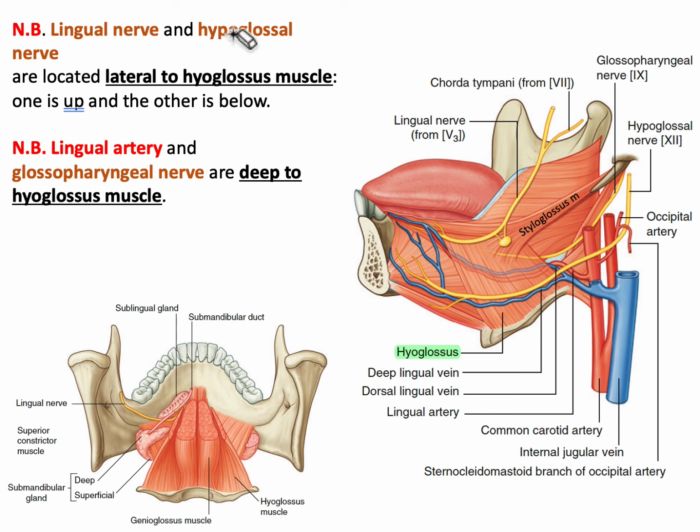So you have to know, which is very important, what structures are related lateral to this muscle, and what's deep to it. When you say structures lateral to this muscle, that means they are located between the submandibular gland and hyoglossus itself. And deep to it, you have to remember the lingual artery and the glossopharyngeal nerve, cranial nerve number 9.